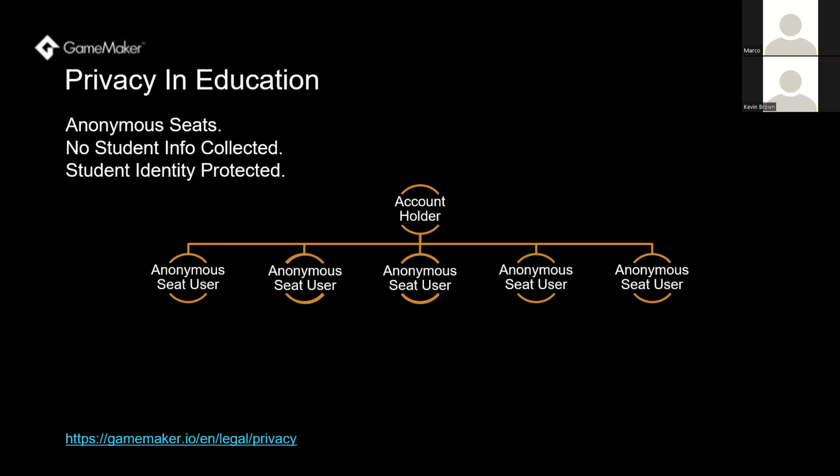The only information needed for a seat are a username that you set and a password that you also set. No personally identifiable information is collected on seat users. There's more information in our privacy policy and a specific section on our approach to education, if you follow the link on this slide. We're also approved for use by educationframework.com.